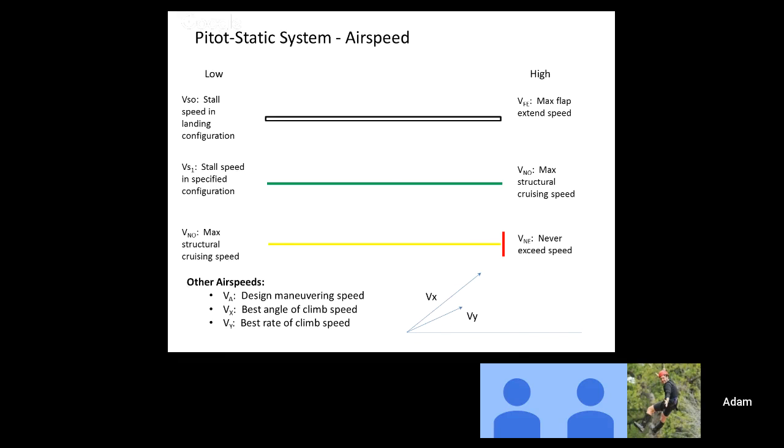Same as with the turbulence discussion. Someone might ask you, well, you're flying along in the caution range, and you start to experience moderate turbulence. What's the first thing that you do? And you'll say, well, I'm probably going to slow my airspeed down to the normal operating range because the aircraft has been certificated to operate in that range in moderate turbulence or what have you. Make sense? All right.